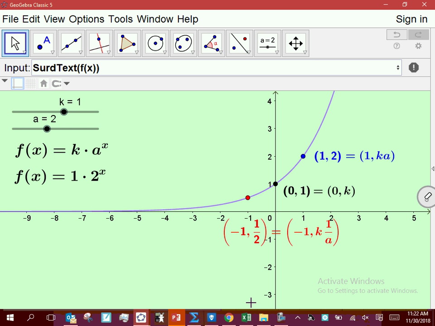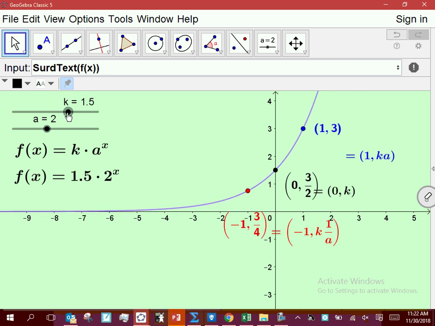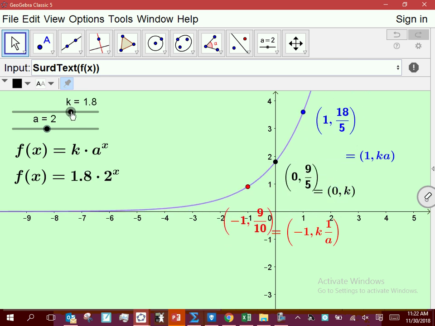Okay. So just kind of showing you some relationships here that we should kind of be familiar with already. If I start obviously taking that K value and stretching it or shrinking it, okay, it is just impacting the y's, right? Okay.